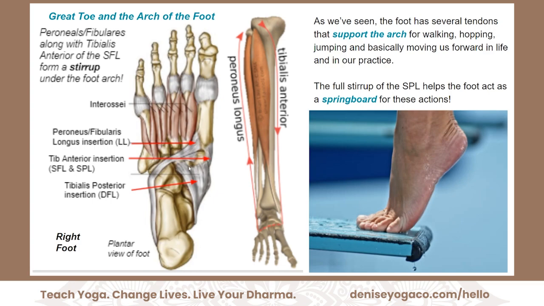And this one also supports the arch of the foot, and this is part of the deep front line. So you can see that we've got four fascial lines coming together, basically, under the arch of the foot. So again, to me, that just indicates its importance because they're all coming together.